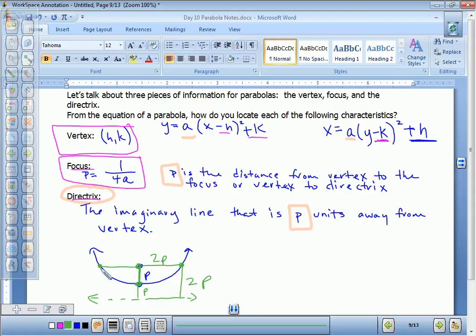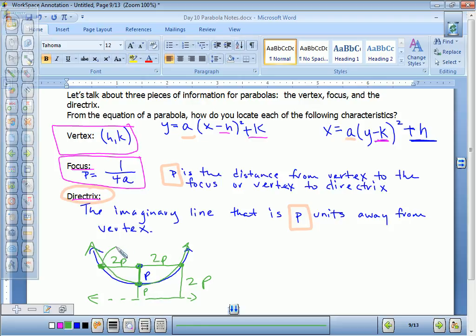If we go directly left and right from a parabola that opens up and down, or directly up and down from a parabola that opens left or right, we can double P, and that gives us 2 points on the parabola, and this is a new way we can graph it. Now we can also go back and use the moves. If you're happy with the moves, and you're good with them, stick with that.